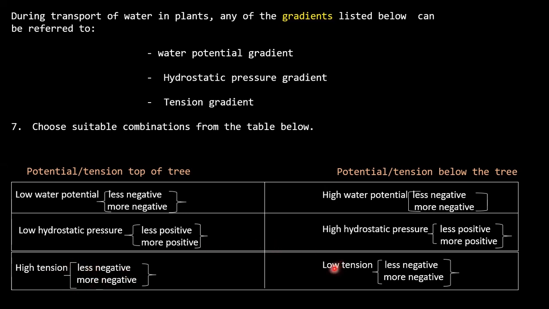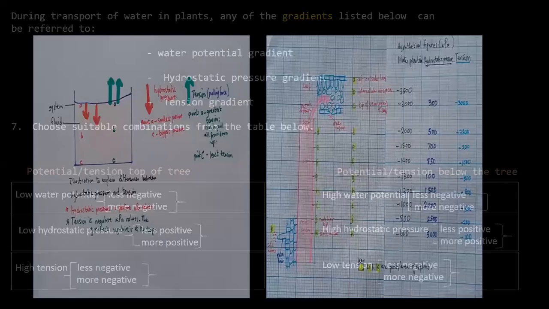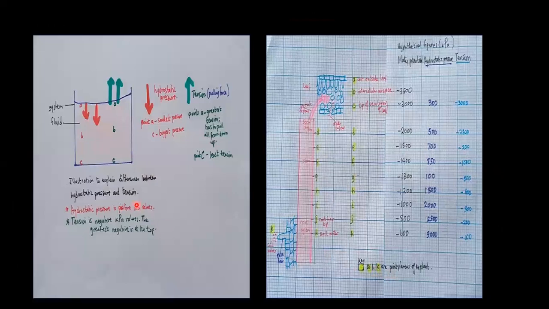Tension below the tree is low. Question: is it less negative or more negative? To remember what these are quickly, we want to revise what we said about hydrostatic pressure, the pressure of a fluid at any point in equilibrium acted upon by gravity.